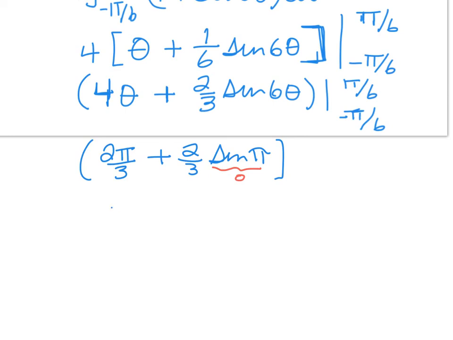Then we subtract what we get when we evaluate the same expression at negative pi over 6. So it's going to be 4 times negative pi over 6, which is negative 2 pi over 3, plus 2/3 times the sine of 6 times negative pi over 6. That 6 times negative pi over 6 is negative pi.